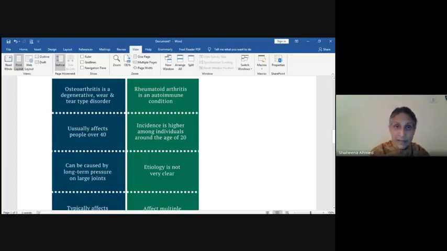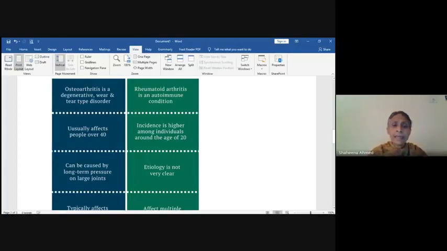Both are arthritis; in both of these cases, the joints are affected. But now we are going to see the differences between the pathologies, the signs and symptoms, and the morphologies of these two arthritis.